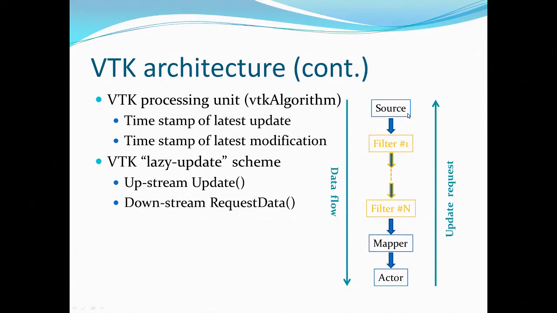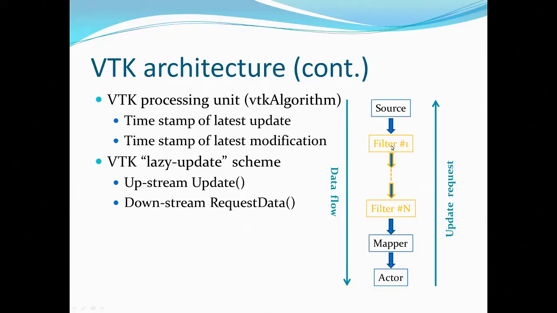So VTK adopted a so-called lazy update scheme. It is very efficient. Whenever there's a request for rendering from downstream, the update request goes in the upstream direction. It asks each module to update, but each module doesn't have to execute.